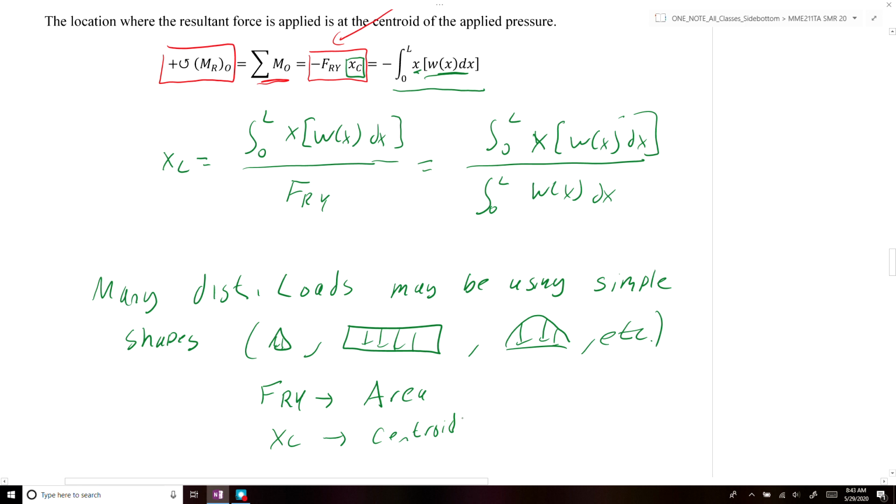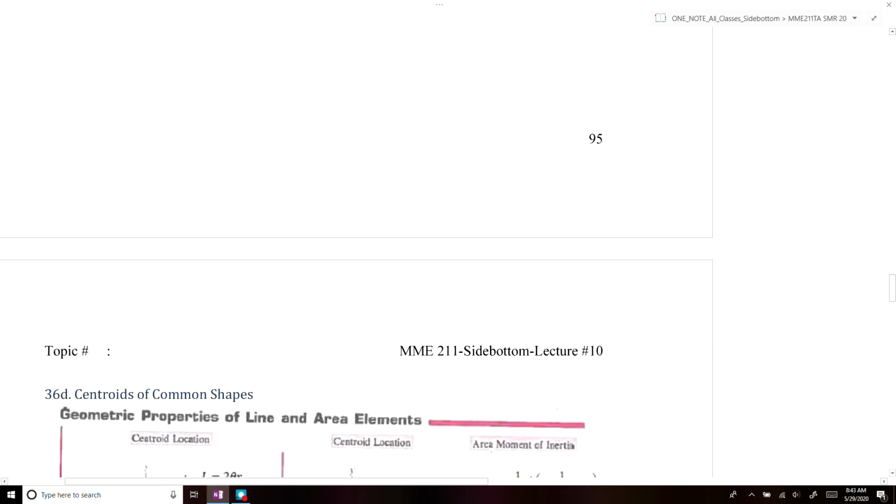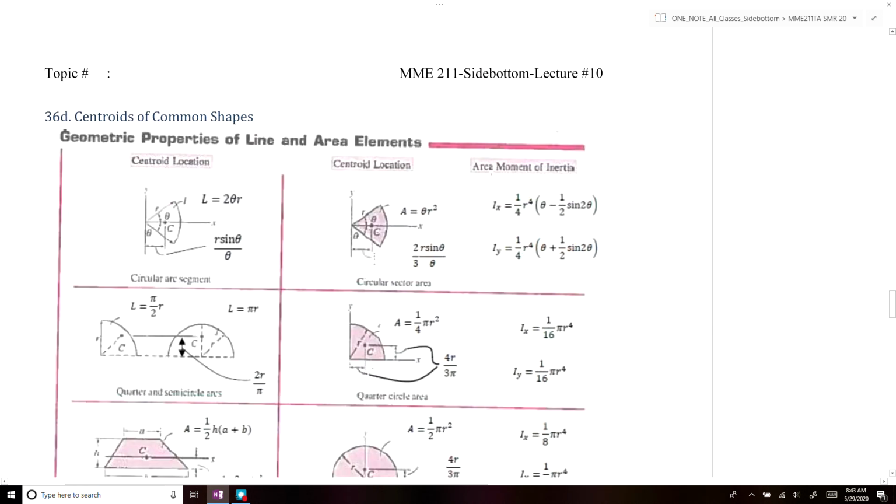For many common shapes, you can look up the centroid on this table here.